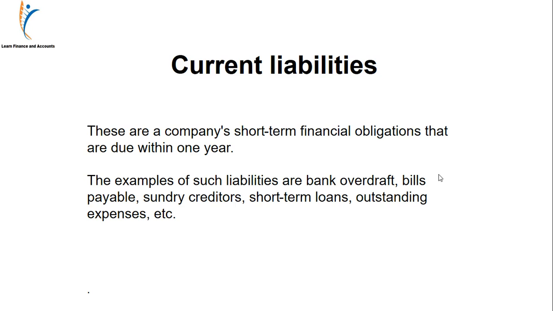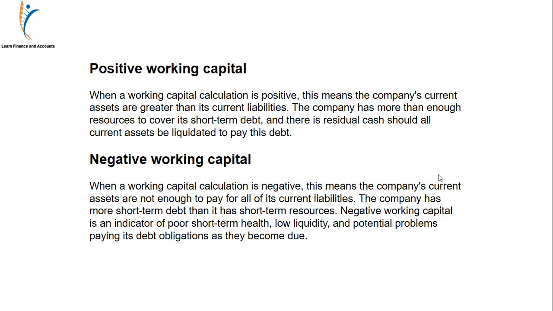So, all these comprise of current liabilities. So, current assets minus current liabilities is called net working capital.